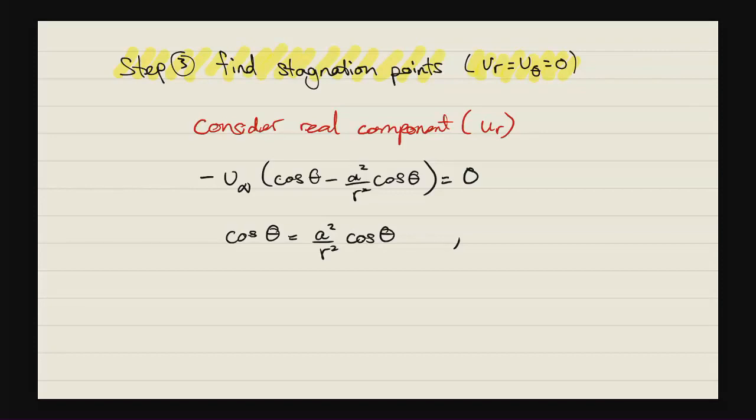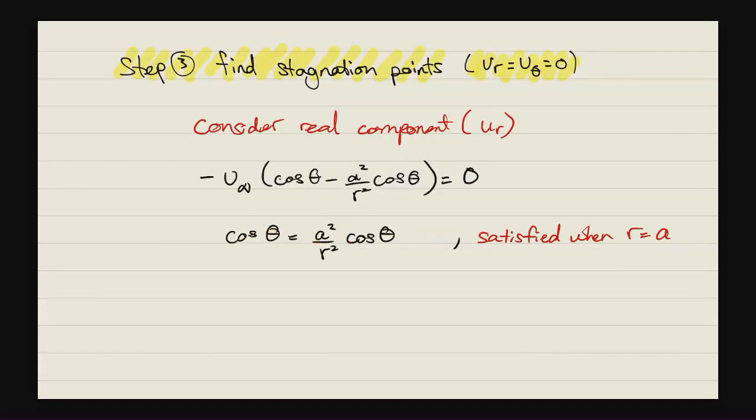There are two solutions to this equation. One possible solution is when r is equal to a. Everyone agree with me? So when r equals a, you get cosine theta equals cosine theta.